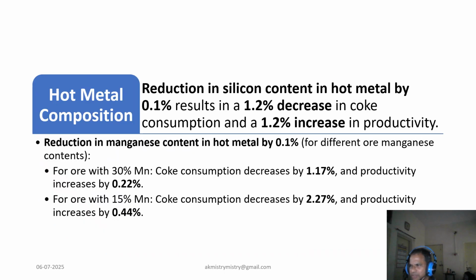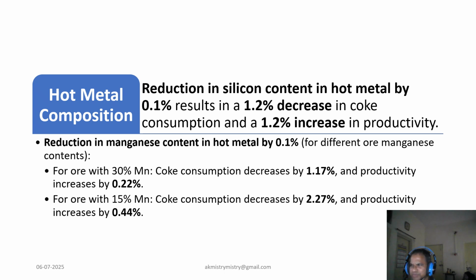Now coming to the hot metal composition, you can say that the composition of hot metal itself is a key optimization lever. So reducing silicon content by 0.1 lowers coke consumption by 1.2% and a 1.2% benefit goes to productivity. For manganese, the impact depends on the ore manganese content.